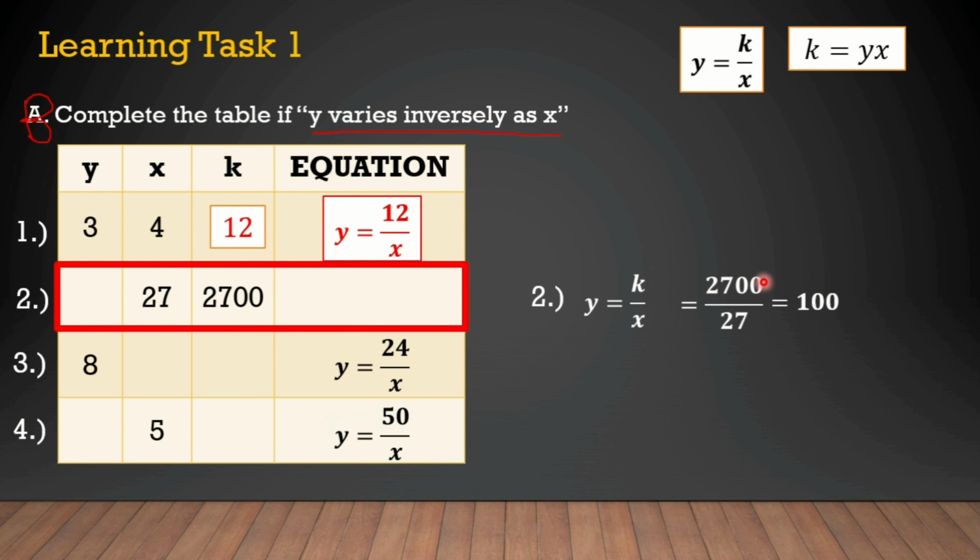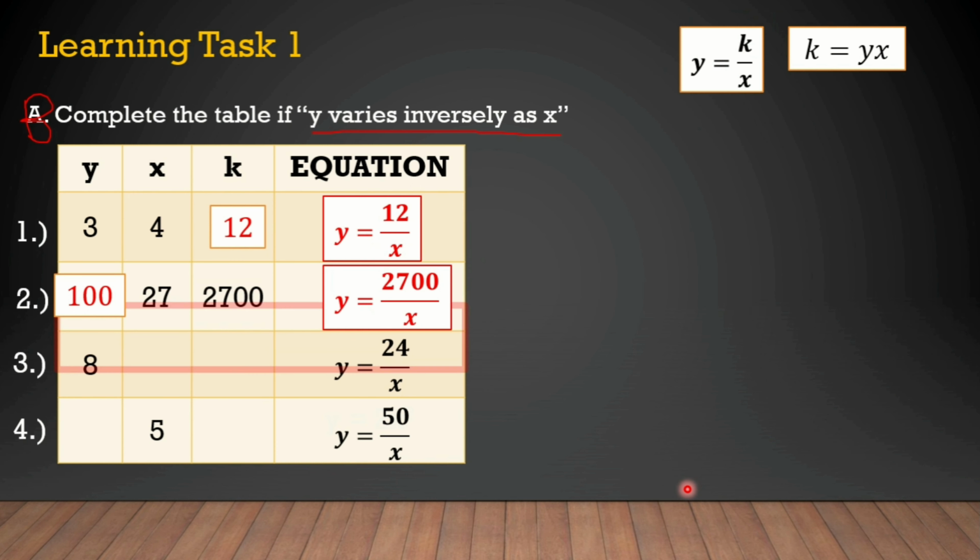So, 2,700 divided by 27 is equals to 100. So, y is 100. So, since meron na tayo dito constant of variation, isa-substitute lang natin siya uli dito sa formula. Papalitan lang natin yung k ng 2,700 then divided by x.